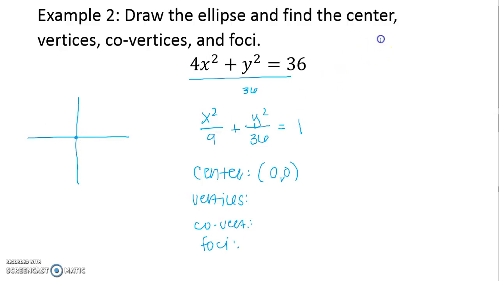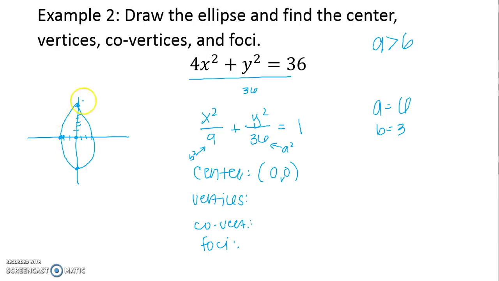If you recall, the bigger one is always a, so this guy is going to be a squared, which means that a is actually 6, and it's underneath my y, so I'm going to come up 6 and down 6. This guy is b squared, so b is 3. That's going to affect me horizontally because it was underneath my x.